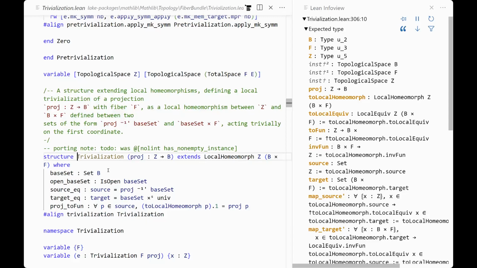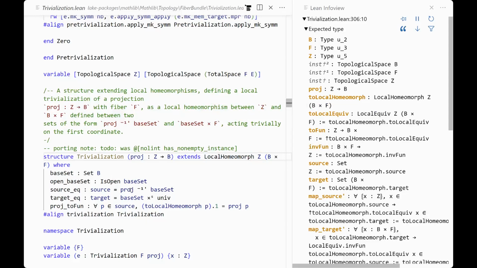Yeah, good point. Exactly. So this is A. But it's implemented in Mathlib as a local homeomorphism to B cross F, indeed. But indeed, the range is A cross F. And then these properties are saying that the local homeomorphism actually acts as this picture. So the base set must be open.